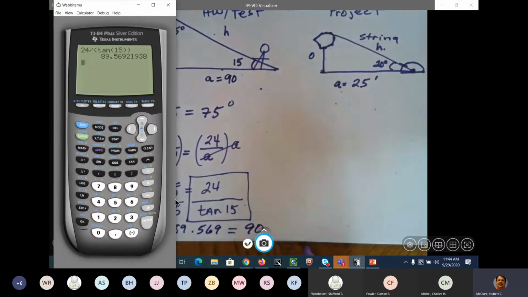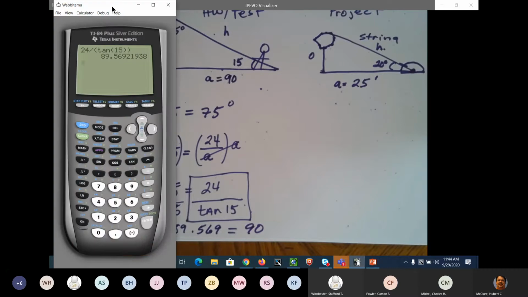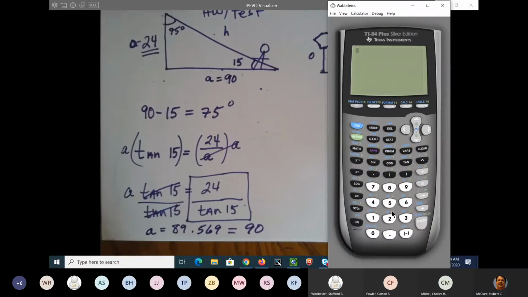And of course, by the Pythagorean Theorem, you can do 24 squared plus 90 squared. So let's do that. 24 squared plus 90 squared.